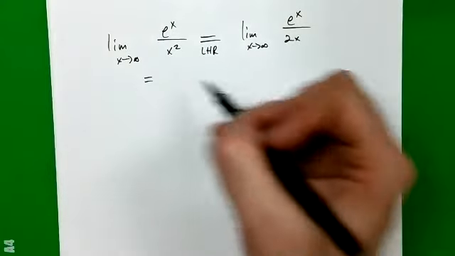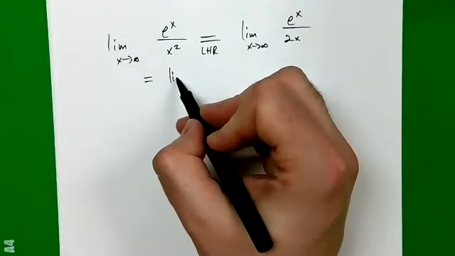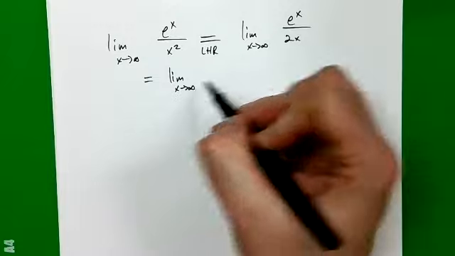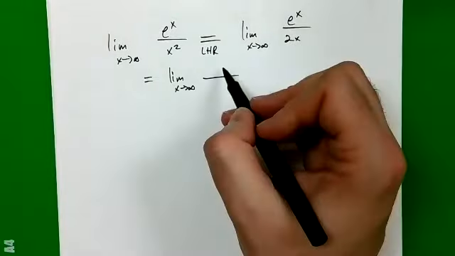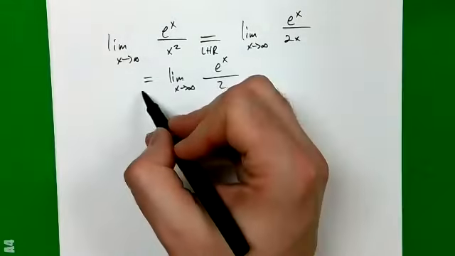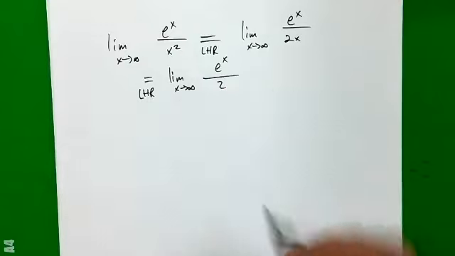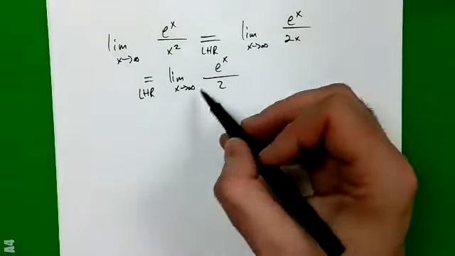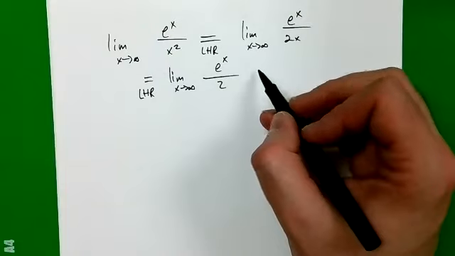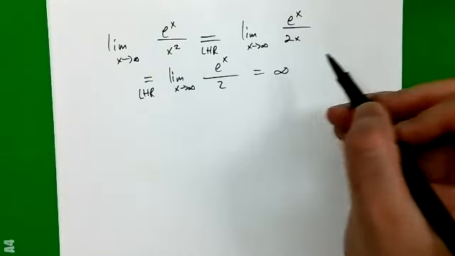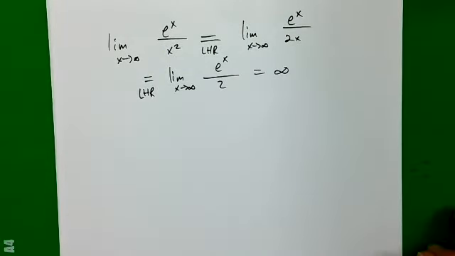And we might as well go ahead and do that again. Take the derivative of the numerator and the denominator, and get e to the x over 2. Again, that was just another application of L'Hopital's rule. Now the numerator is going to infinity, the denominator is constant, so the limit doesn't exist in an infinite way, or the limit equals positive infinity, if you'd rather say that.